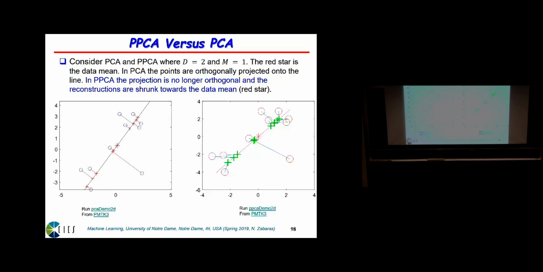So don't assume that PCA, taking the orthogonal projection, is the best approximation you can do. In a probabilistic way, you'll be better off if you shrink the projections towards the mean, which is represented here with a star.